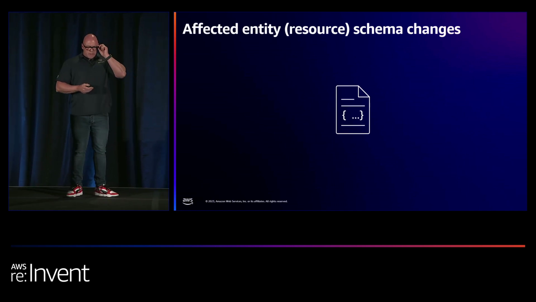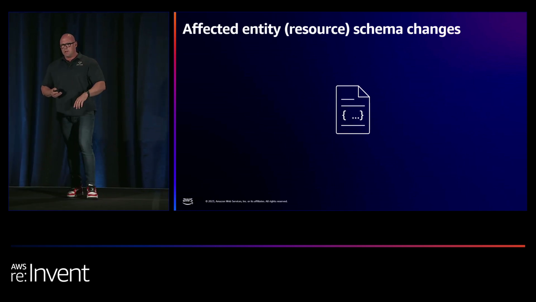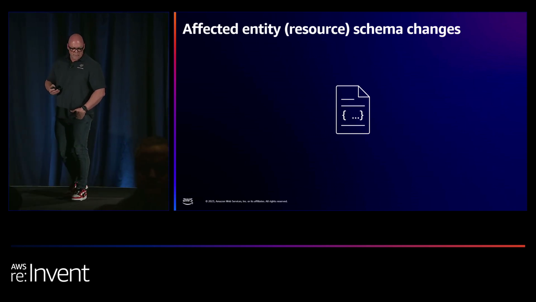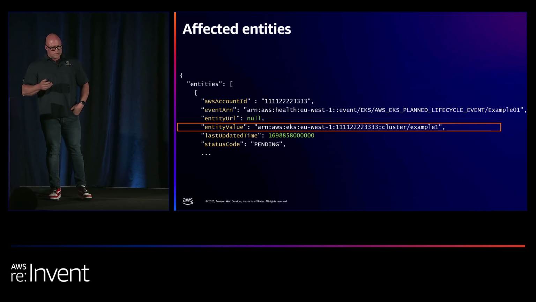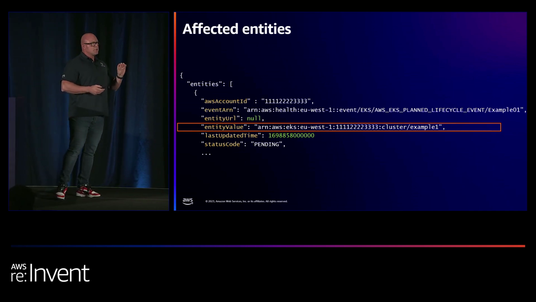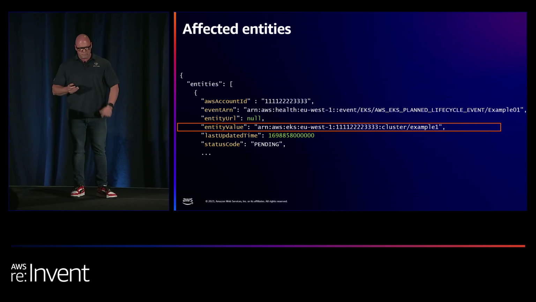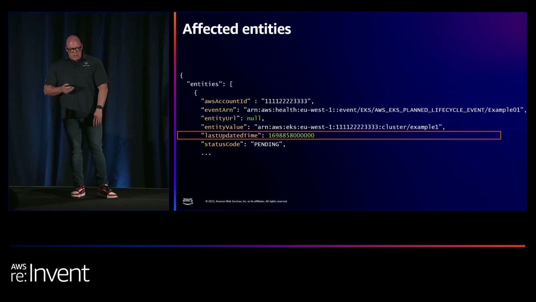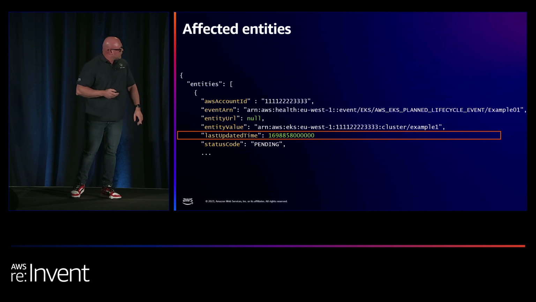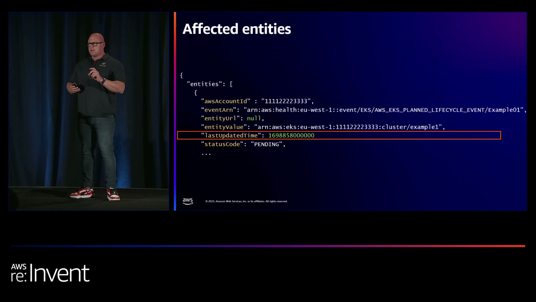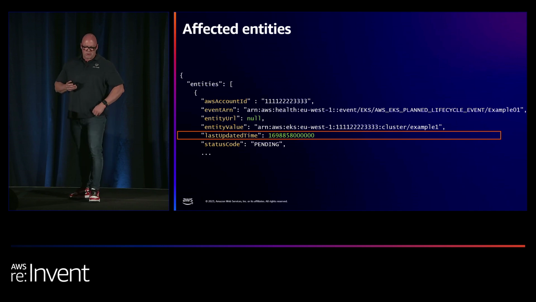So let's look at the schema changes for resource burn down, which affect the affected entity object. Just as mentioned before, full resource ARNs will be found in the entity value field on the affected entity. And the last updated time will be the time of the last scan of the resource that we performed, where change was detected.